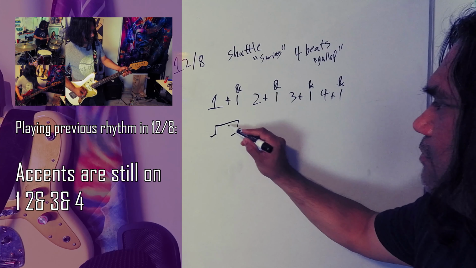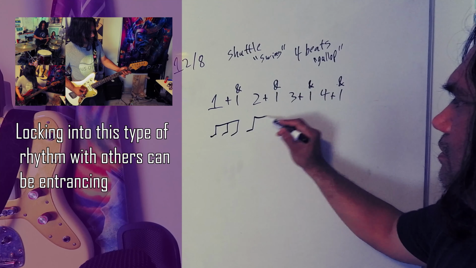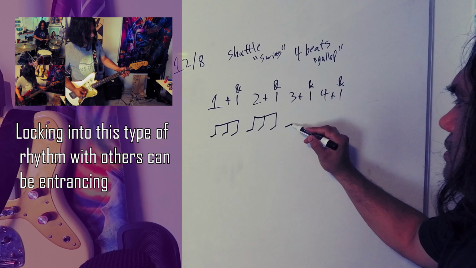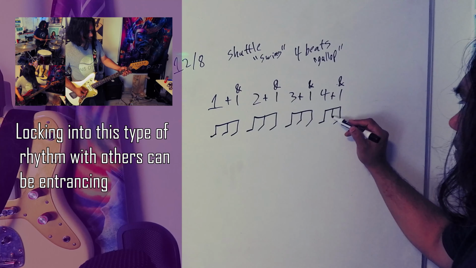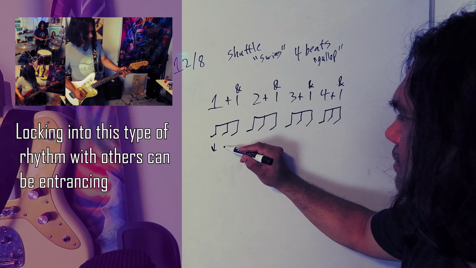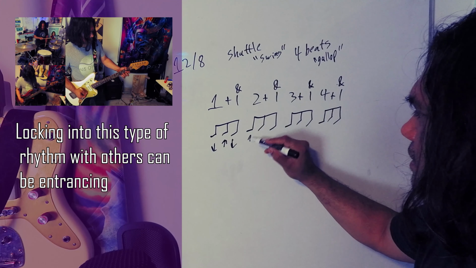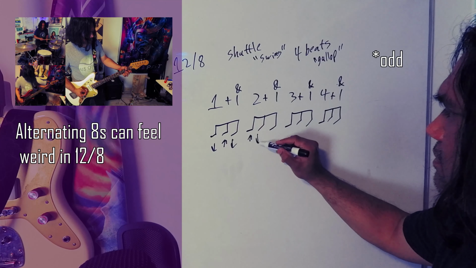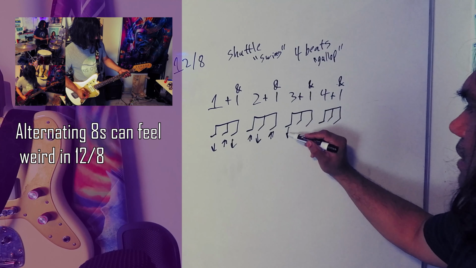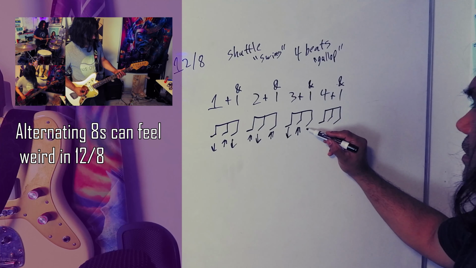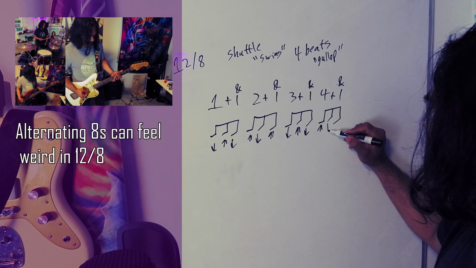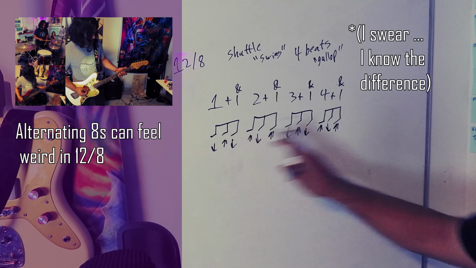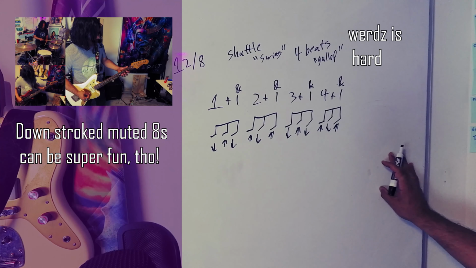But now you're going to have triplets for each of these. And it does introduce some interesting side effects in your strumming, because if we're still alternating down, up, now on the even numbers, you're strumming down, and on the odd numbers, you're strumming up, if you're playing the even 12 or the straight 12.